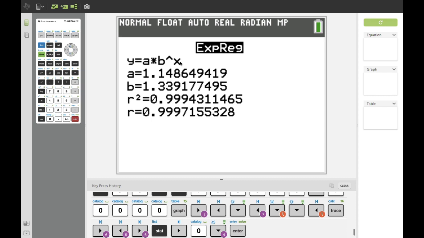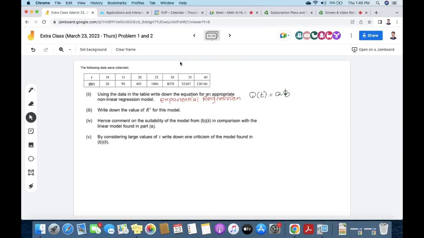Anyone? How did we represent the y in our problem? Very good. So Q of t equals a times b, and then x was represented as, sorry, t. Thank you so much.